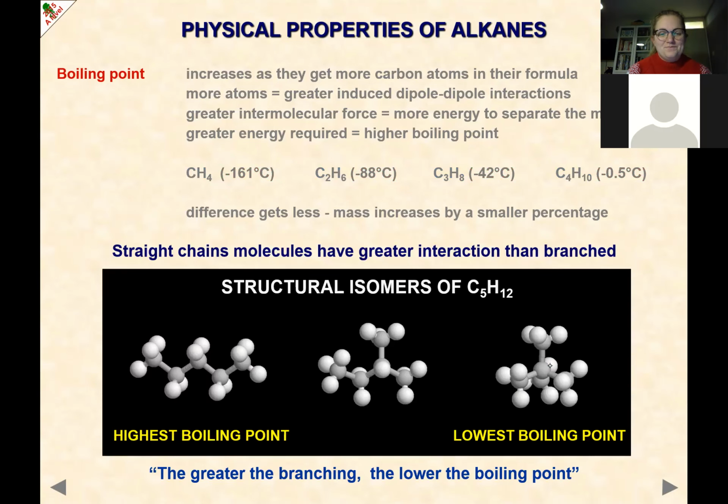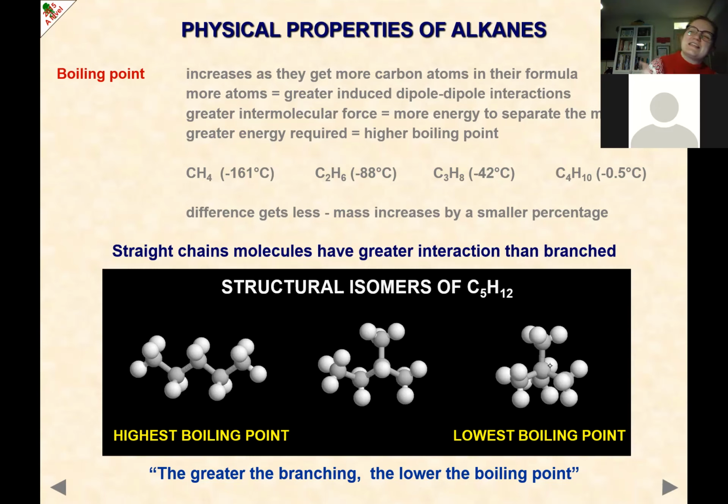Also, chains. Straight chain molecules have greater interaction than branched. Basically, there's more shielding going on, so the boiling point is higher. The more branching you've got, the less shielding, and there are fewer of those intermolecular forces acting on it.